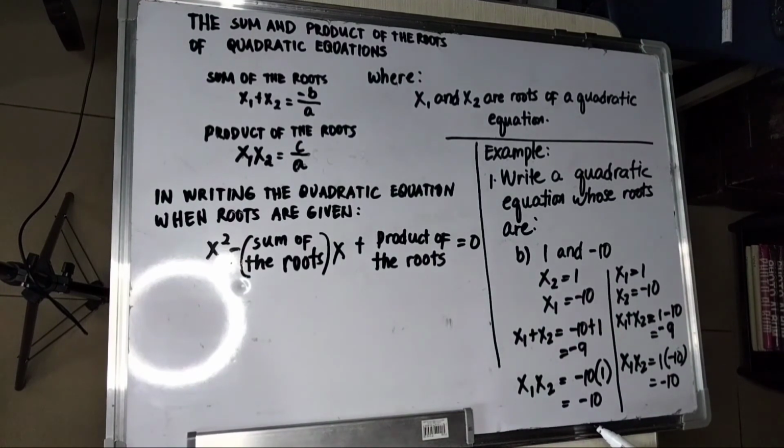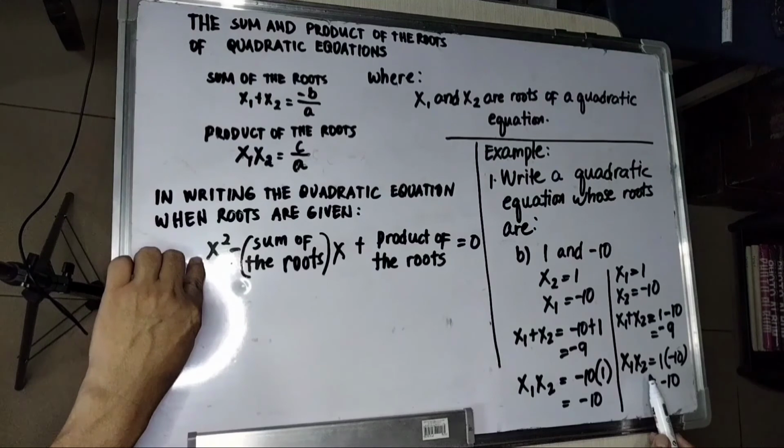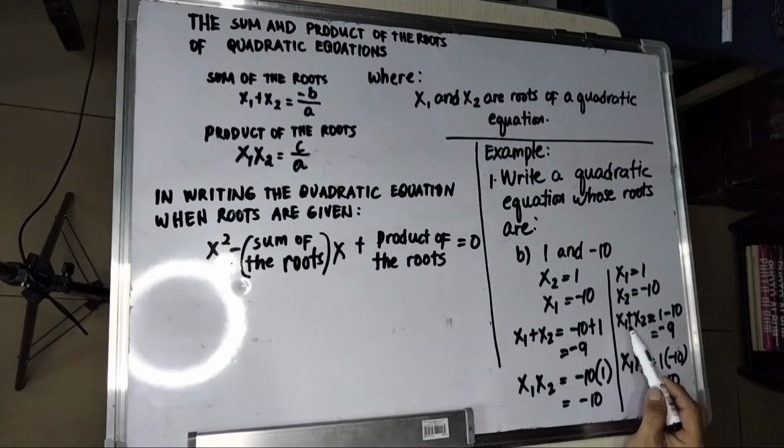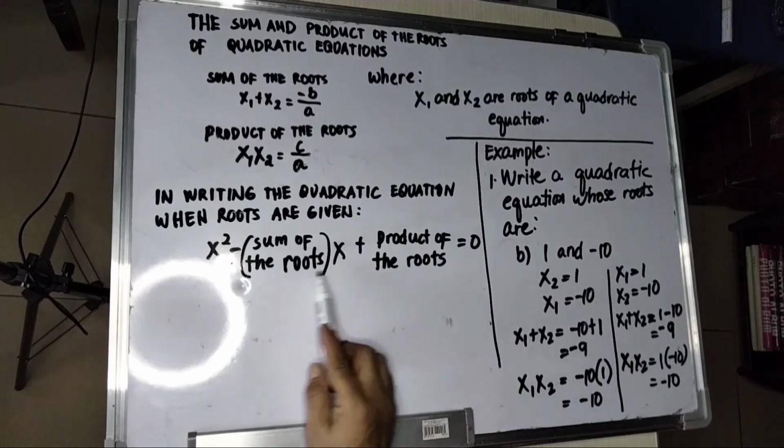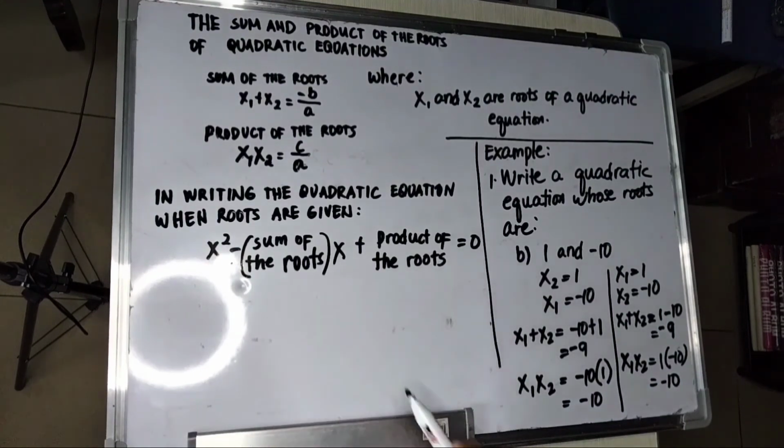So in writing the equation, since we have x here, we are going to write x. If we have here y sub 1 plus y sub 2, then the variable that we are going to use in the equation is y.